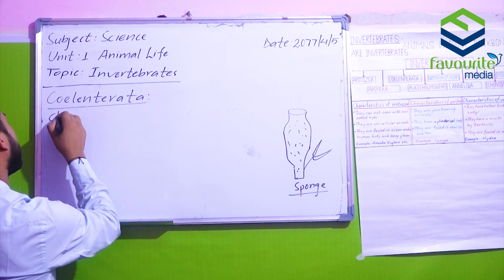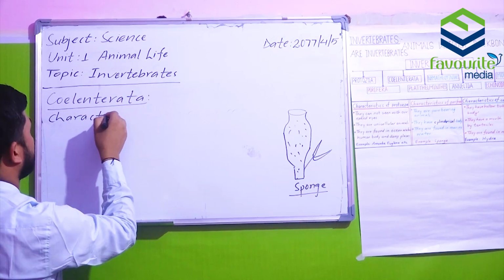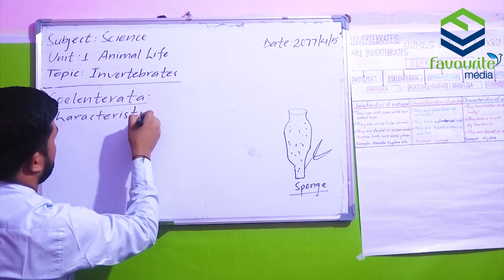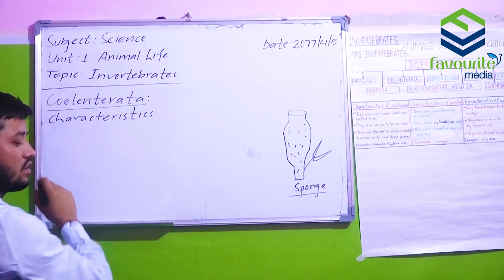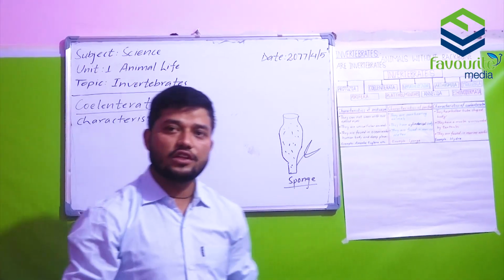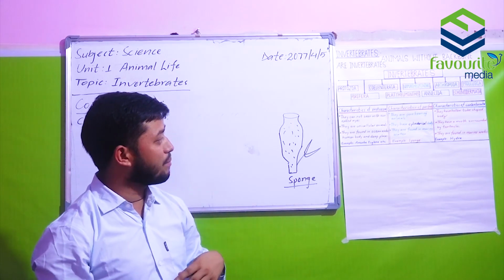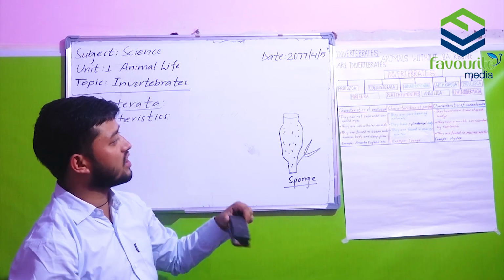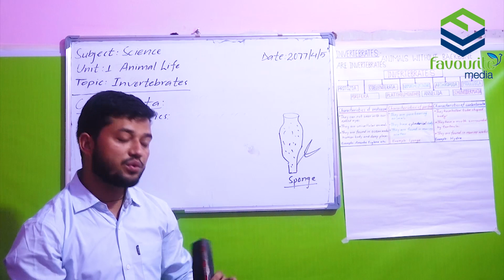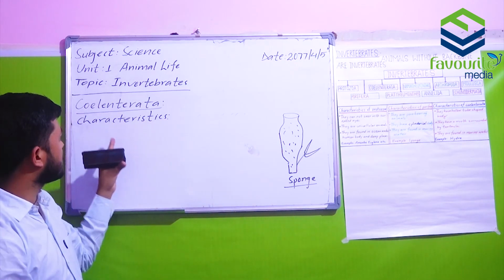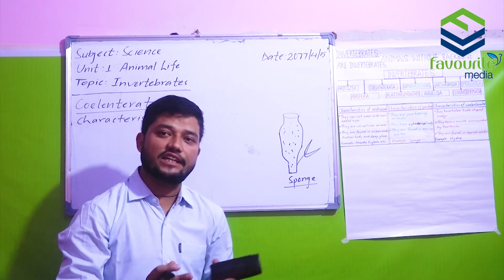We'll write the characteristics here. Guys, you have studied about the Coelenterata in previous classes also, in grade 4, right? You know all about the characteristics. We will just recall here.